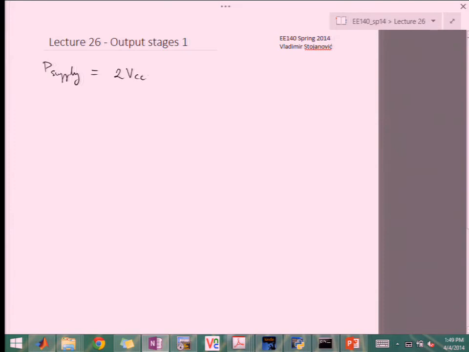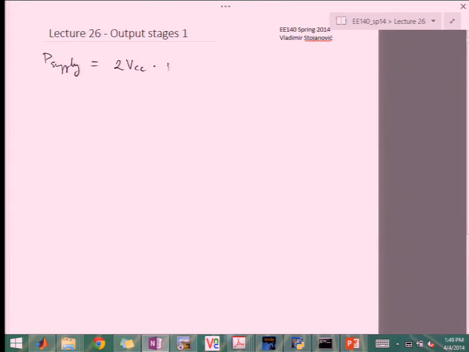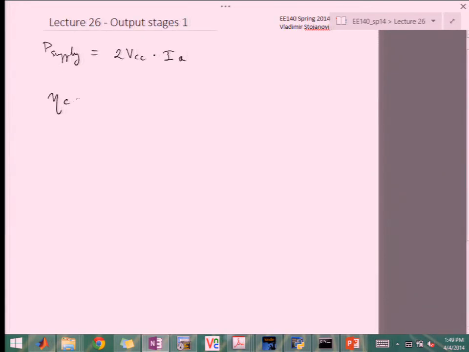But the supply is 2 VCC, because you have to provide minus VCC and VCC. So from a total of 2 VCC, you're drawing IQ on average. So we can define a coefficient of efficiency, which will be PL over P supply.